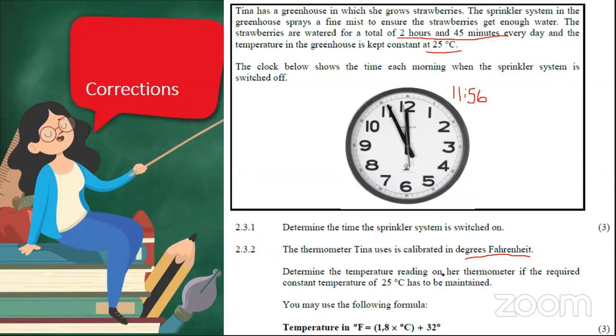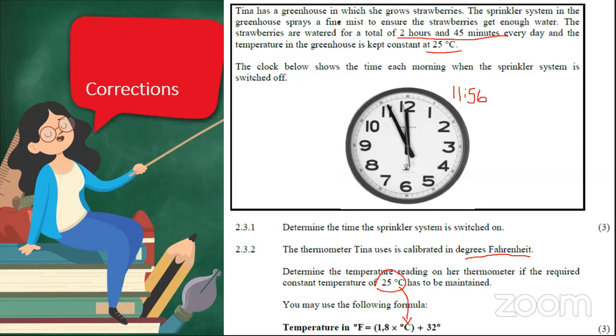Determine the temperature reading on her thermometer if the required constant temperature of 25 degrees Celsius has to be maintained. In this case, it's actually simple. All you need to do is plug your 25 degrees Celsius into your formula and then solve. If you did my work, feel free to write both your answers on the chat.